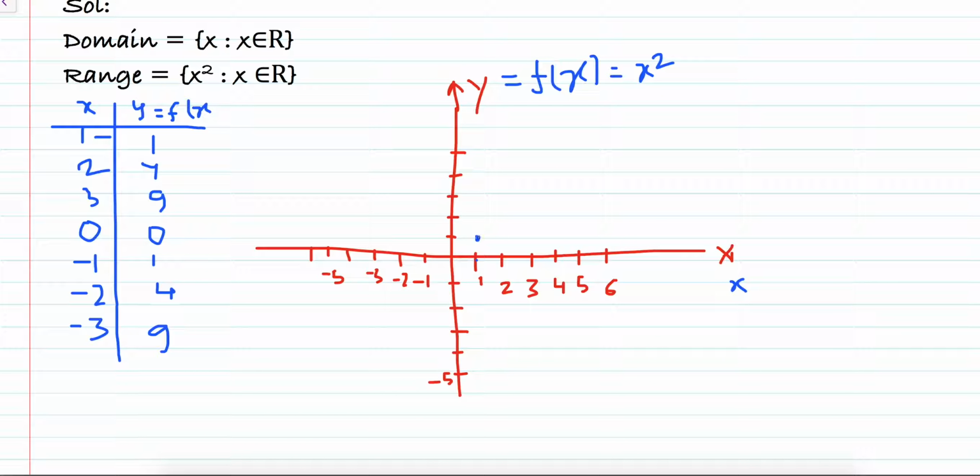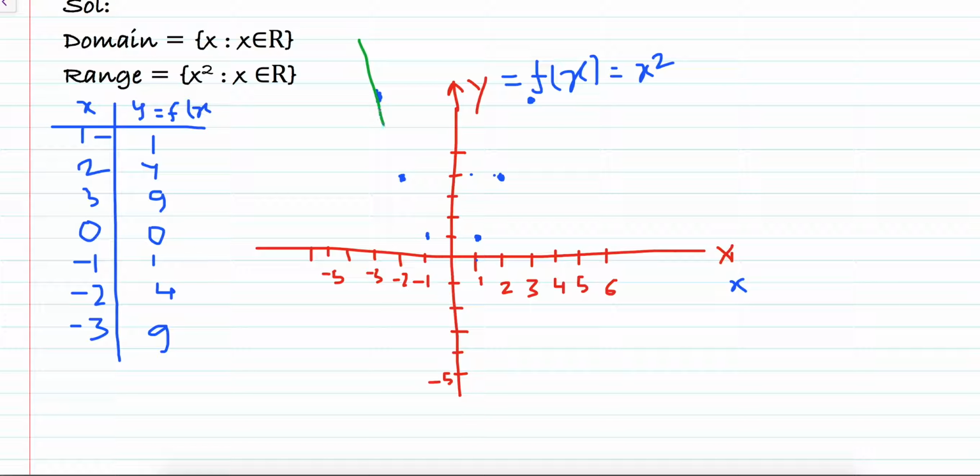So 1 is 1. So this point will be here, (1, 1). Then for 2 we have 4: 1, 2, 3, 4 here. For 3 we have 9. So 4 is here, 8, 9. 9 would be somewhere here. For minus 1 also 1. For minus 2 also 4. And for minus 3, 9. For 4 it would be 16, way above here.